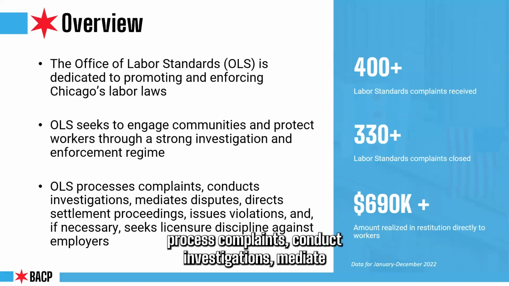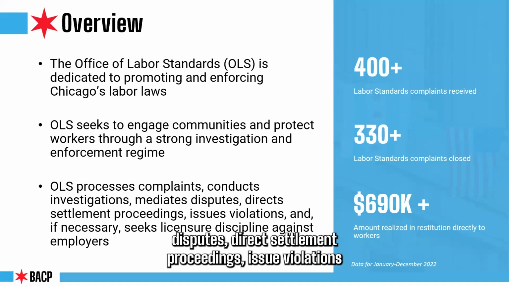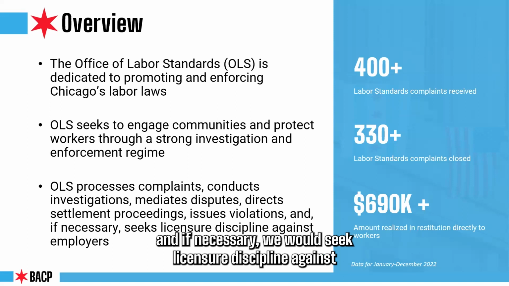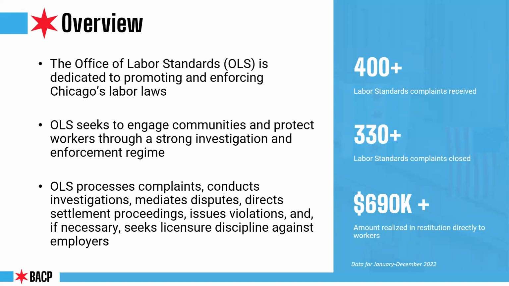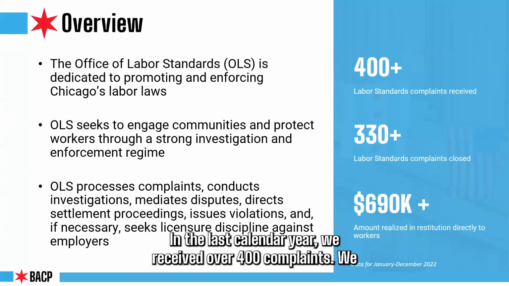And we process complaints, conduct investigations, mediate disputes, direct settlement proceedings, issue violations, and if necessary, we would seek licensure discipline against employers. In the last calendar year, we received over 400 complaints.